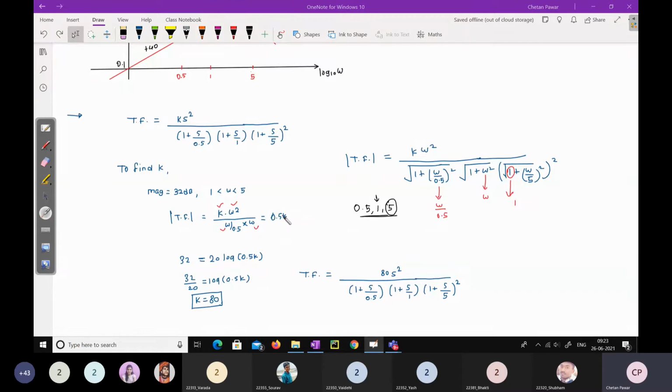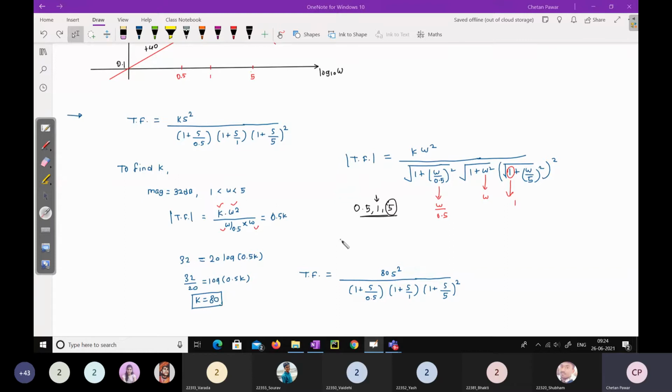We know that at omega equal to 1, the magnitude is 32 dB. So we consider this magnitude part in dB: 20 log of 0.5k is equal to 32 dB. So we got the value of k equal to 80.